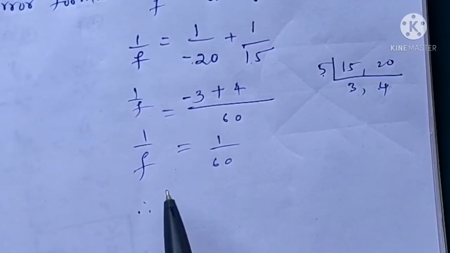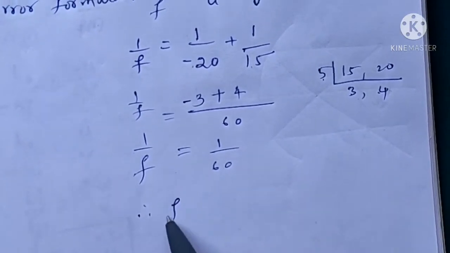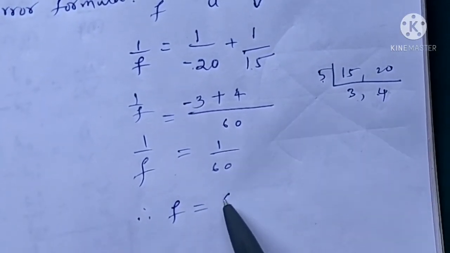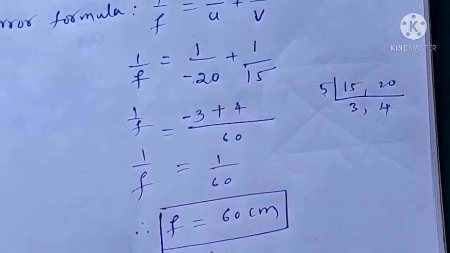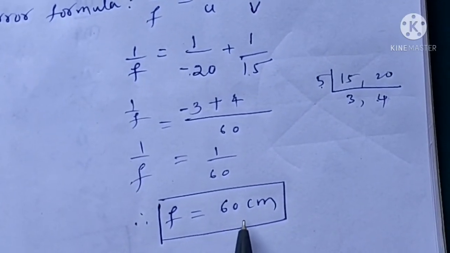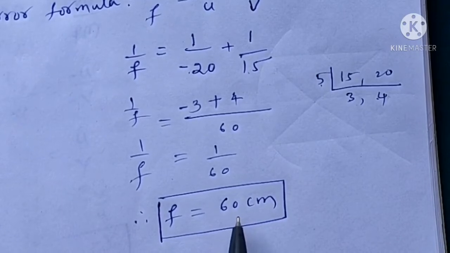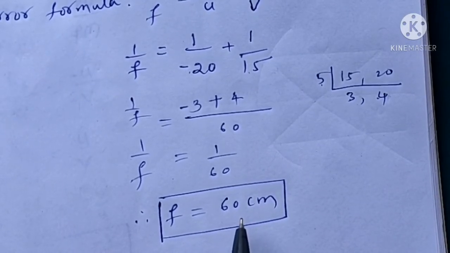But we need f. So let's take the reciprocal: f is equal to 60 centimeters. So what is the focal length? 60 centimeters.